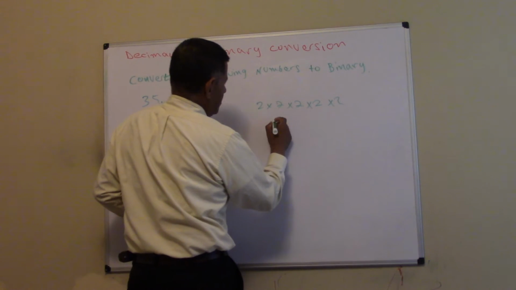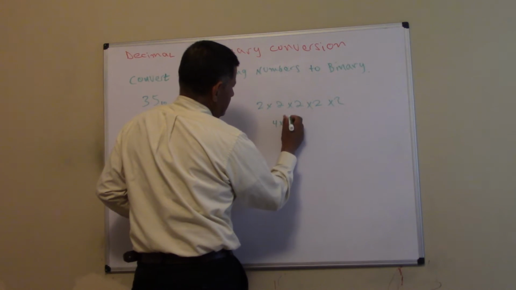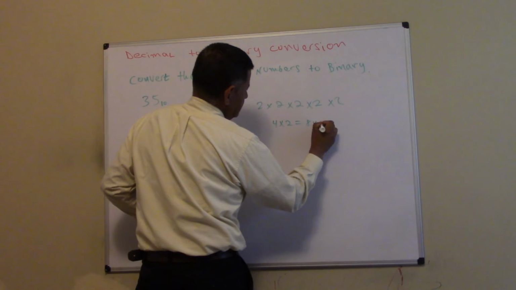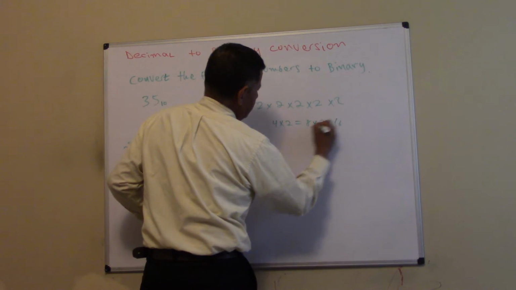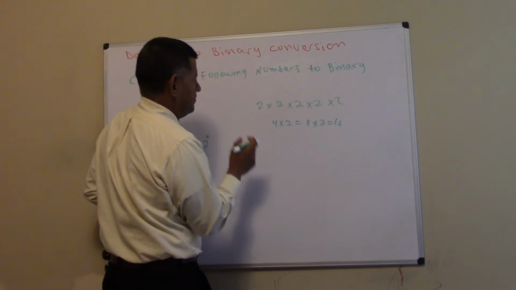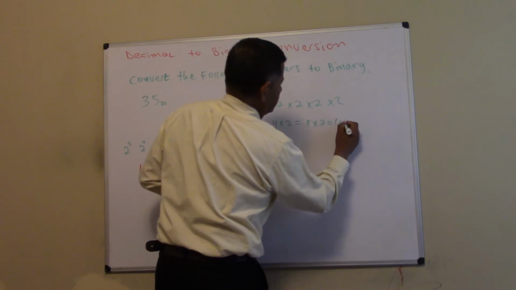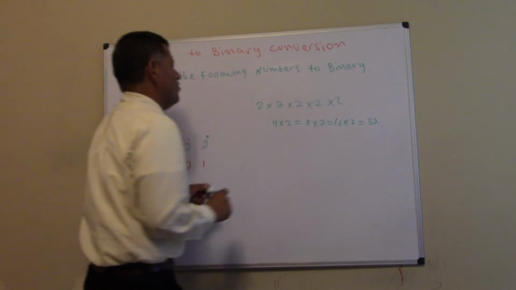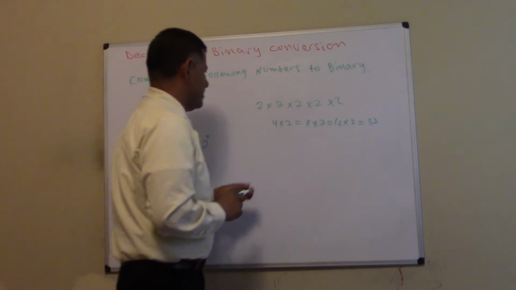So 2 times 2 is 4. Times 2 times 2 equals 8. Times 2 equals 16, right? And times 2 is equal to 32. That's how we get 32, right?